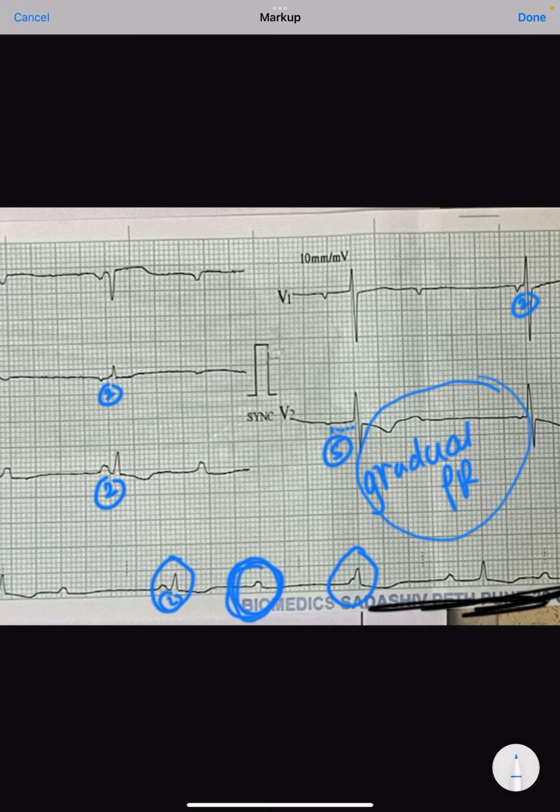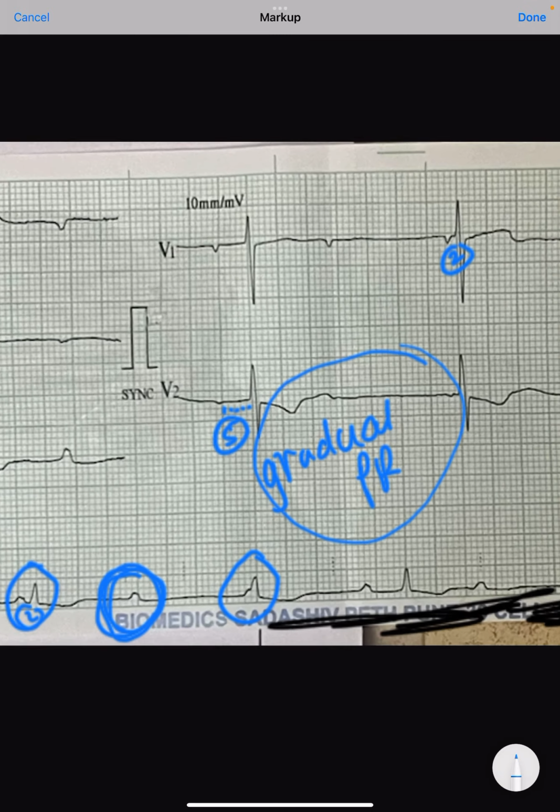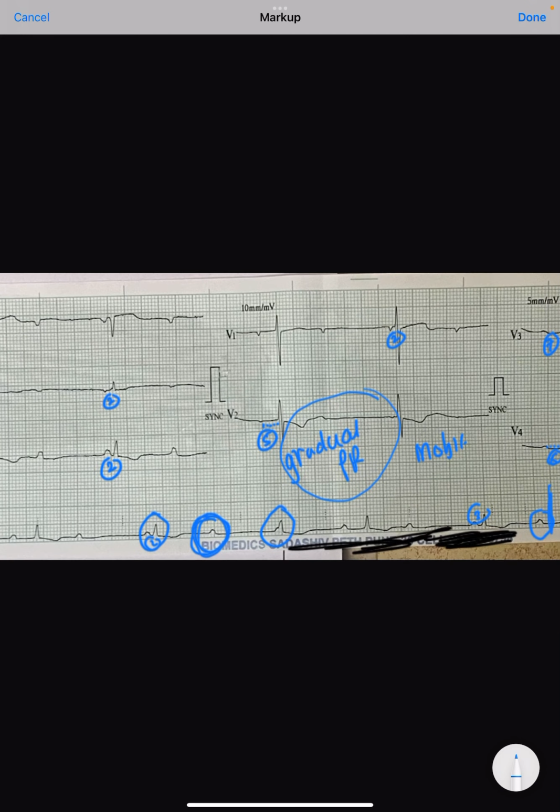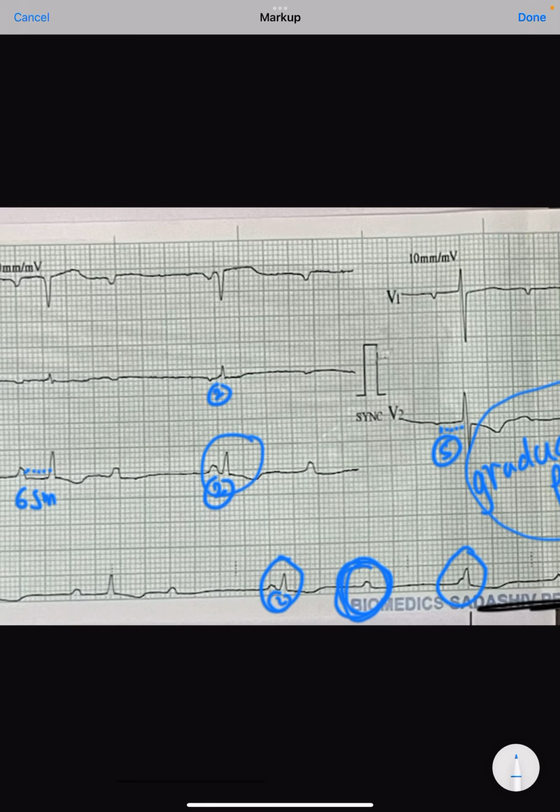So there has to be gradual prolongation, and only then a drop, to call it Mobitz 2 heart block. In Mobitz we have Mobitz 1 and Mobitz 2. In Mobitz 1 there should be a gradual prolongation, whereas in Mobitz 2 the PR is fixed. So the PR is definitely not fixed, so it is not Mobitz 2 at all.